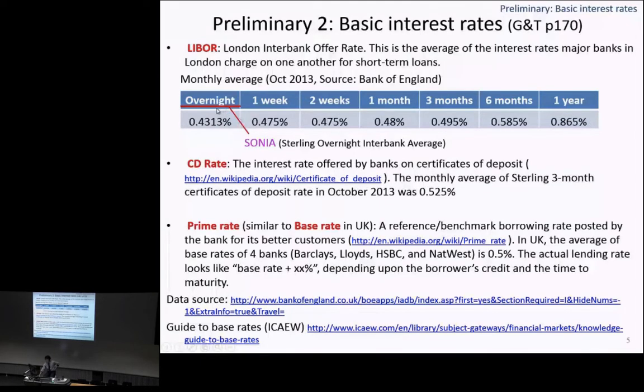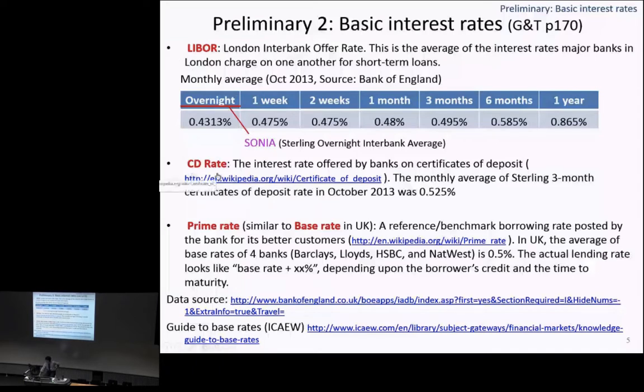LIBOR for 1 day borrowing is called SONIA, and it was 0.43% in October 2013. These are all annual rates, so if it's 6 months borrowing, you should divide by 2. Okay? Remember, all interest rates should be expressed as annual rate.